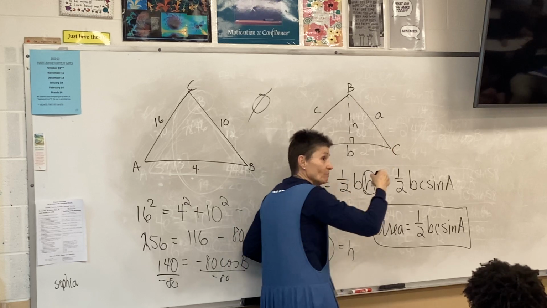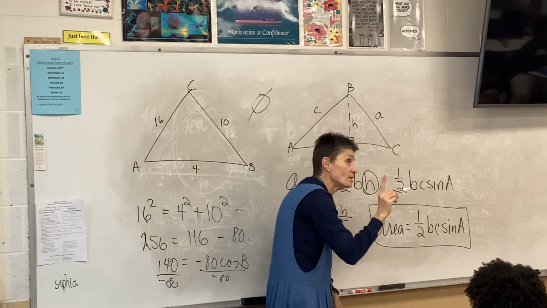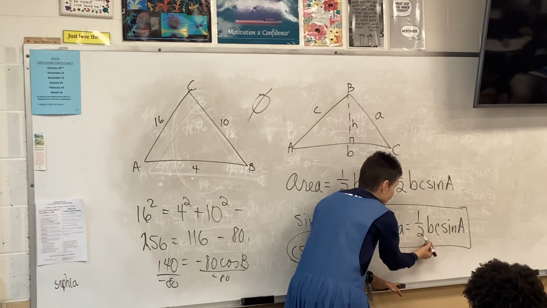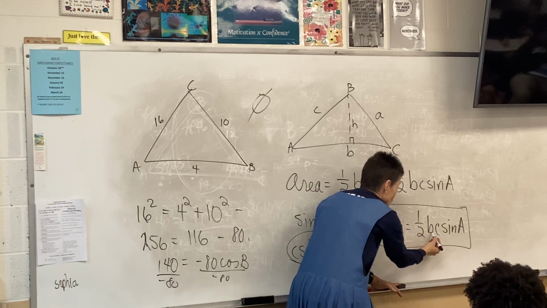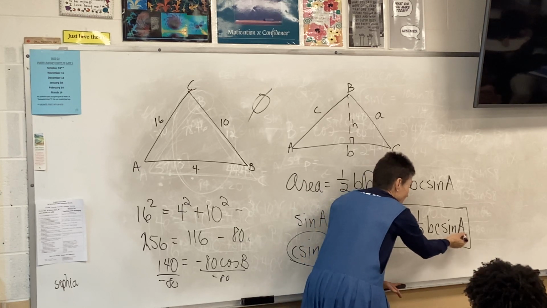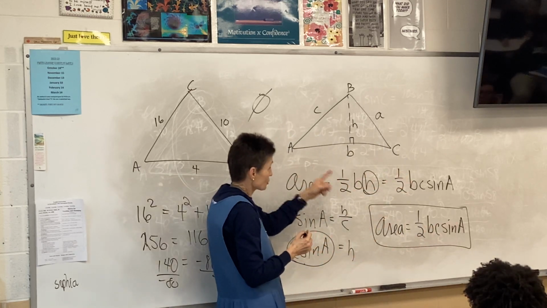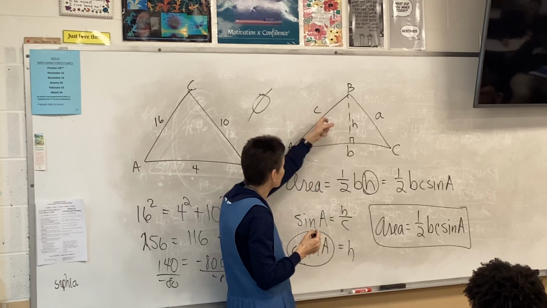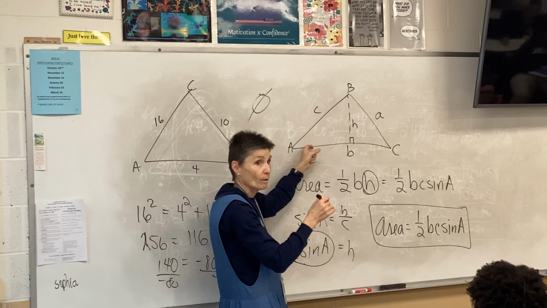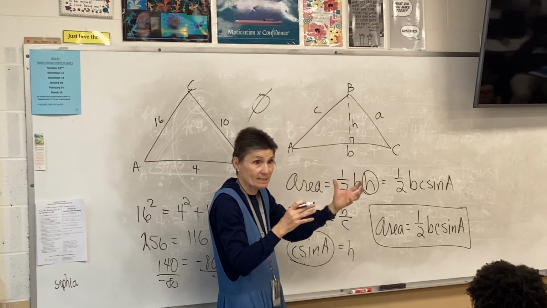The formula may have looked a little bit different, but what I want you to notice is, to find the area, it looks like I take half, 2 sides, times the sine of the angle between them. So I multiplied B times C and then sine A. That's how the formula works. I'd rather you not memorize the letters.